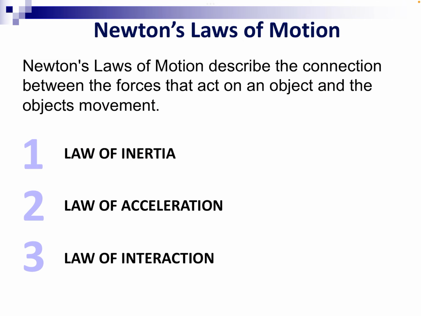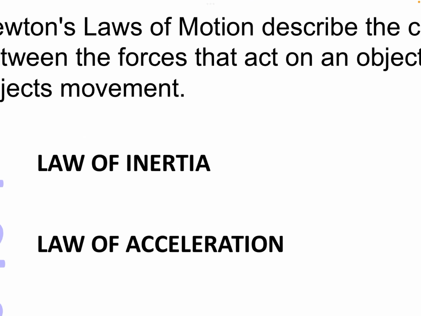As I've mentioned, the net force will determine the object's acceleration. Newton's laws of motion describe the connection between the forces that act on the object and the object's movement. So in other words, Newton's laws of motion connect the net force to the acceleration.